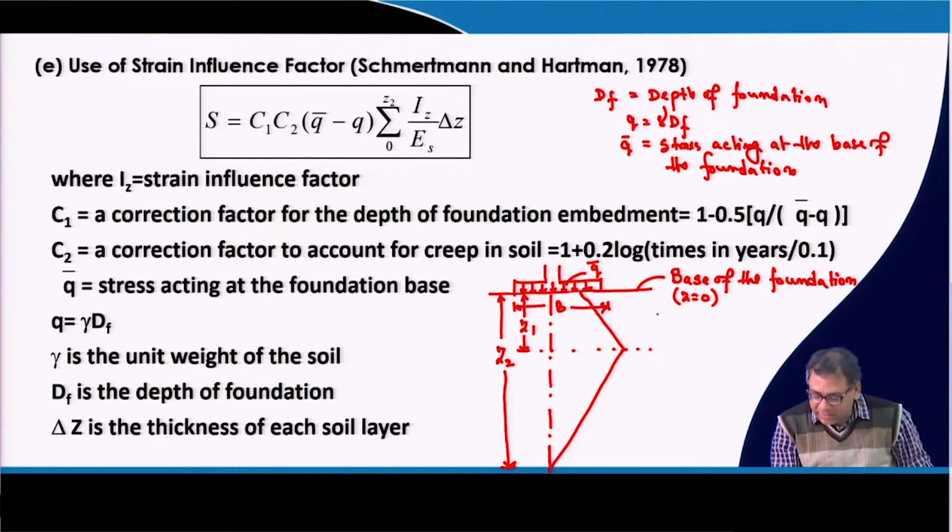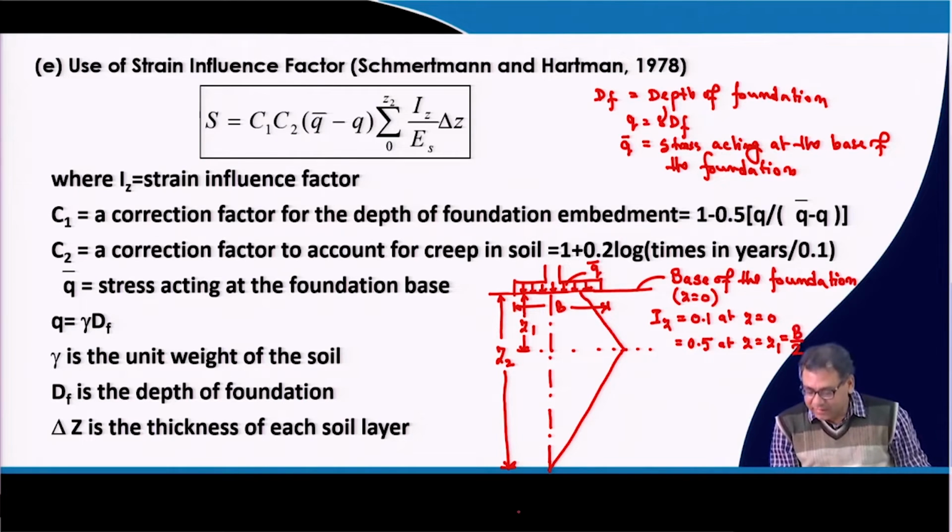Iz will be equal to 0.1 at z equal to 0, and equal to 0.5 at z equal to z1, that is equal to b by 2, and equal to 1 at z equal to z2, that is equal to 2b.